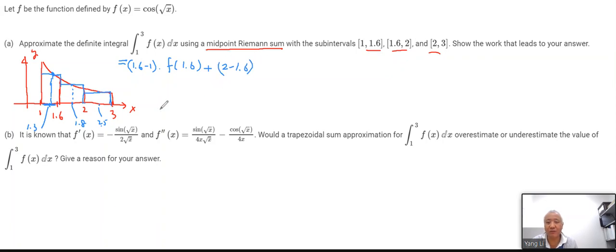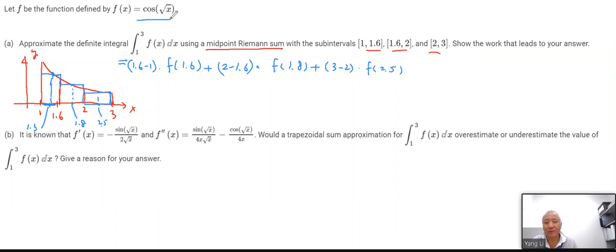So this will be the base, and then we times the height. The height is f(1.8). And then add 3 minus 2, that's 1, the base here, and times this height, which is f(2.5).